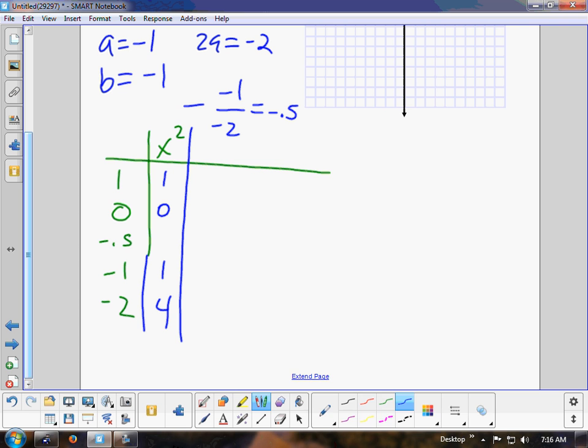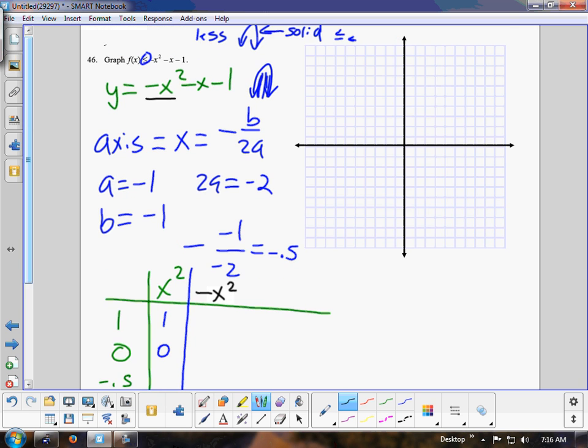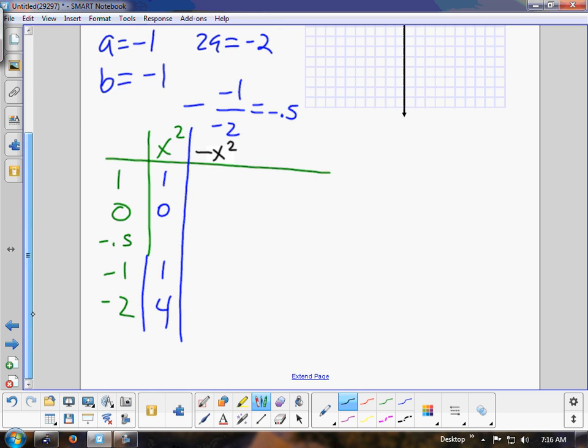Now, excuse me. What we really need is -x squared because we need to graph -x squared minus x minus 1. We need -x squared. We need minus x, and we need minus 1. So we're going to negate all these x values. Then we're going to multiply the x value by negative, so -1, 0.